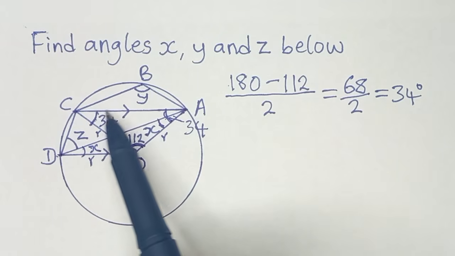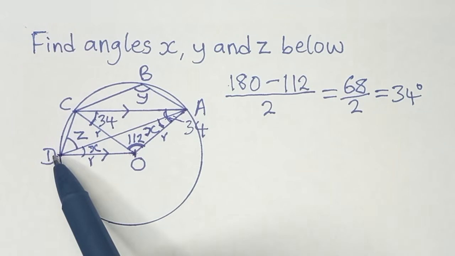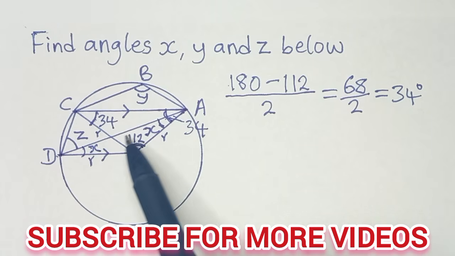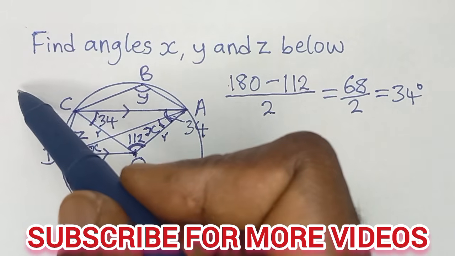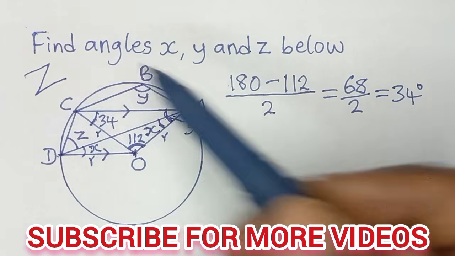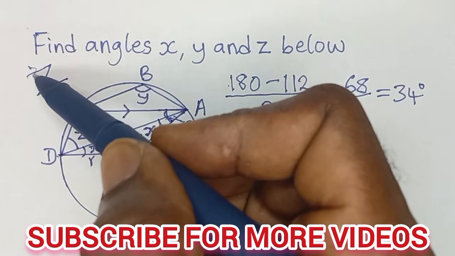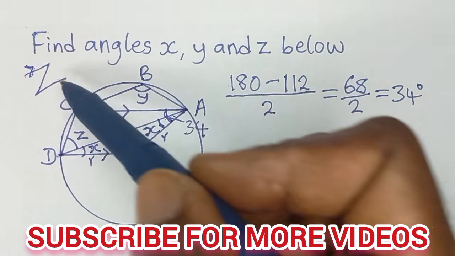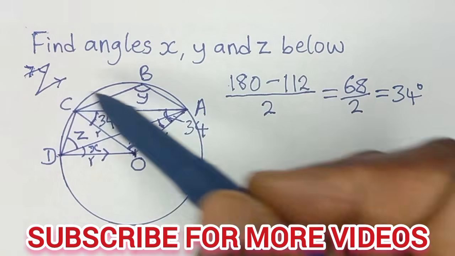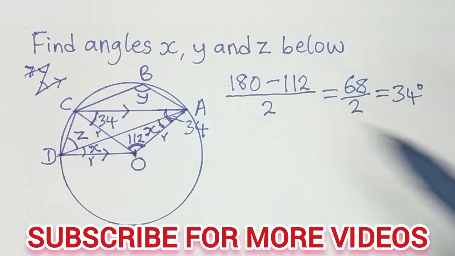Now, this line CA is parallel to this line DO. So if you look at this now, we are seeing a Z angle pattern. So when you see a parallel line like this and another parallel line, then the angle at this elbow point should be equal to the angle at this elbow point.